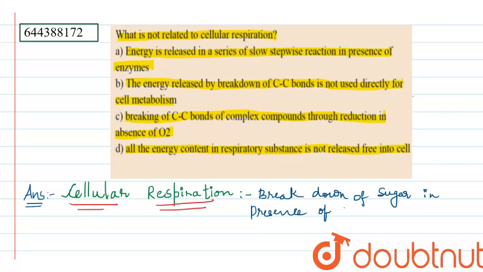So every cell requires energy. So this energy is obtained from breaking down of sugars in presence of oxygen. So energy is released in the form of ATP molecules.